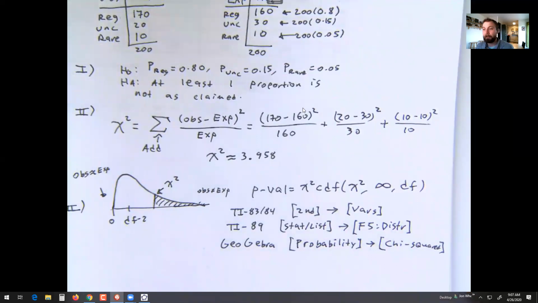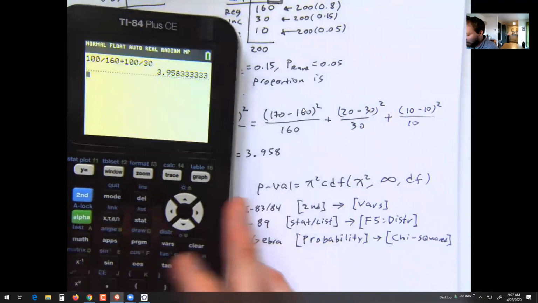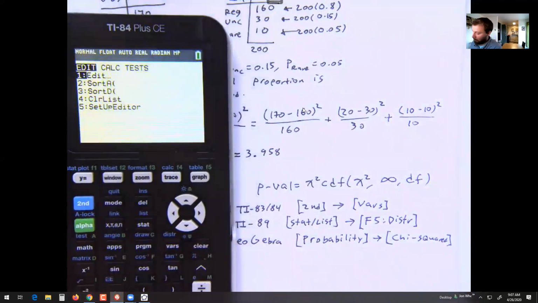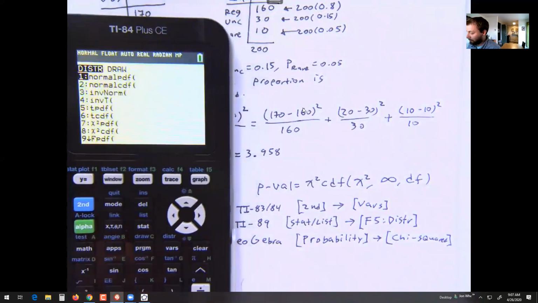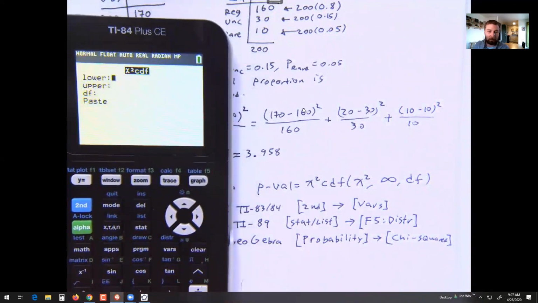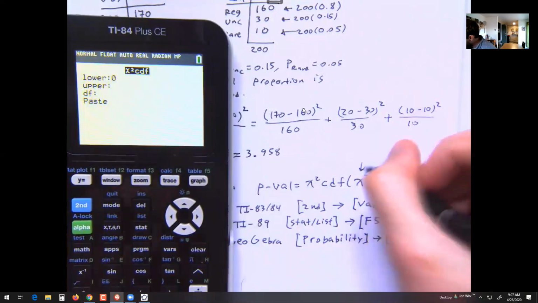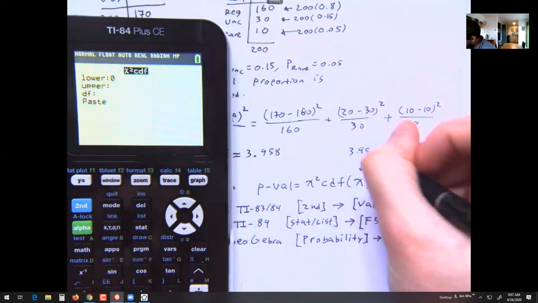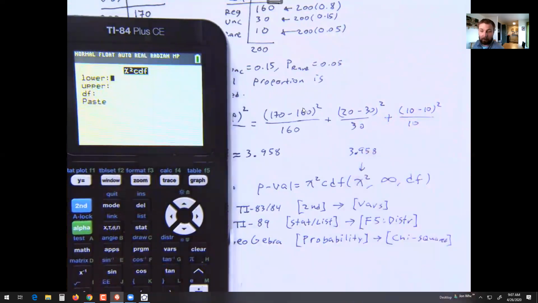So let's start with the TI-83 and 84. This is the easiest to read. So second vars, chi-squared CDF. My lower value is 3.958. That's my chi-squared.